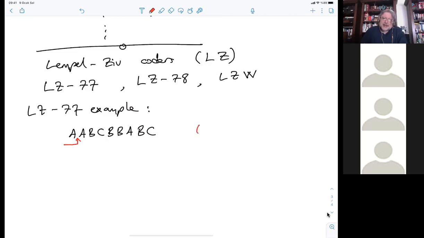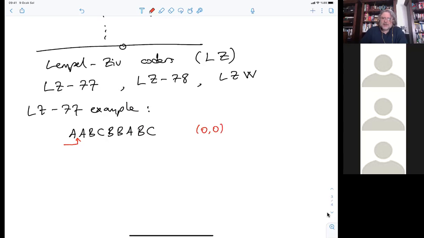The encoding consists of first two symbols. The first means go back how many symbols in the source. So go back 0 symbols because it's the first symbol. The second item to be encoded is how many to copy from that go-back position. We copy 0 symbols.